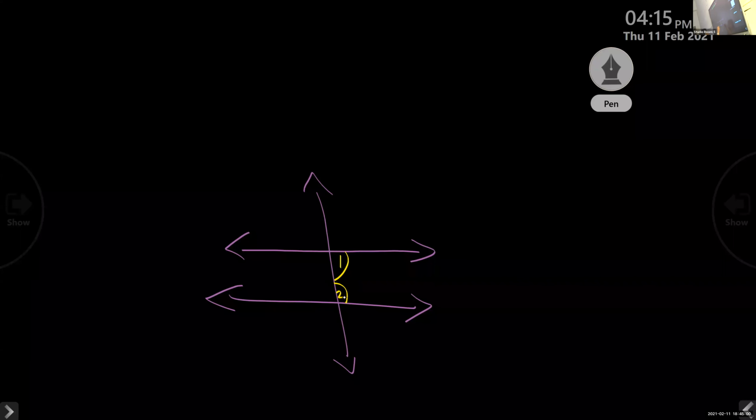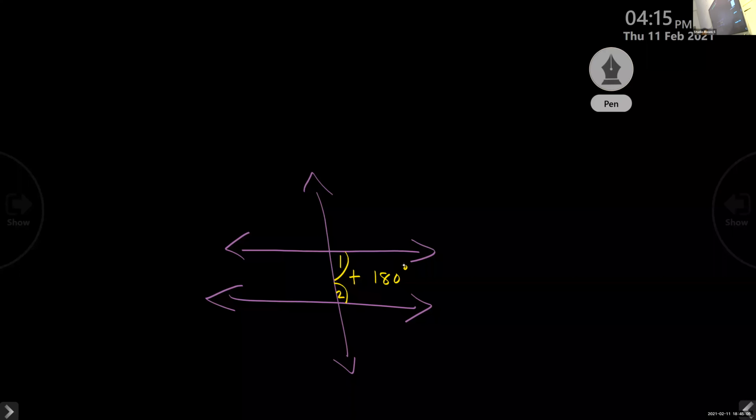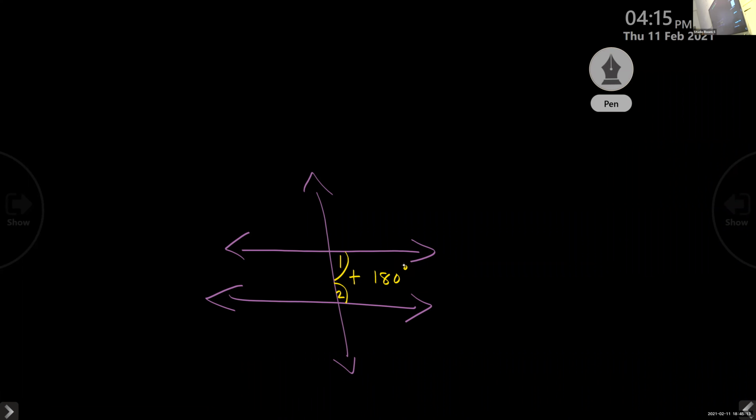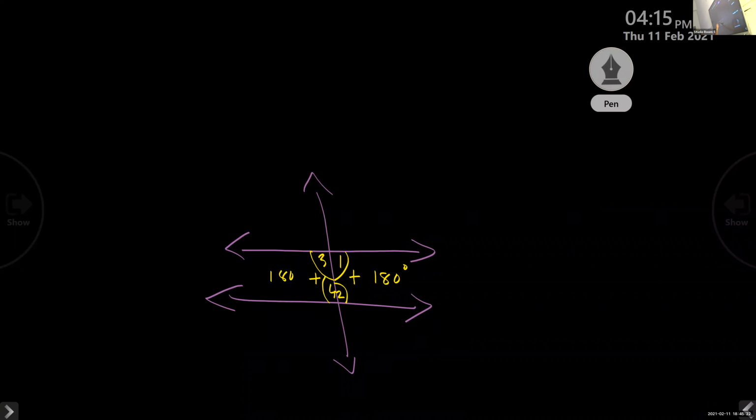These two angles make 180 degrees. That is another peculiarity: co-interior angles together make 180 degrees. Next, these two are also co-interior angles, and they also make 180 degrees.